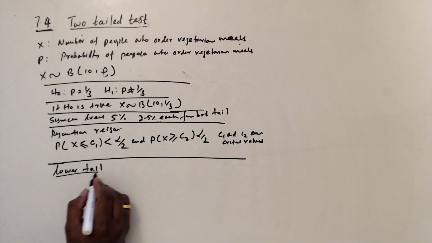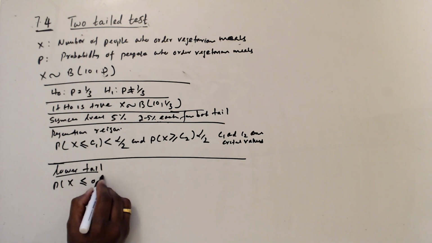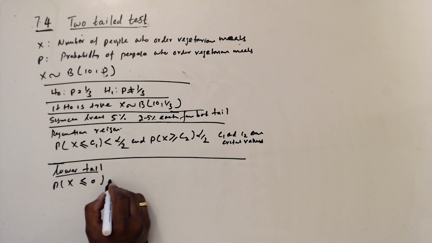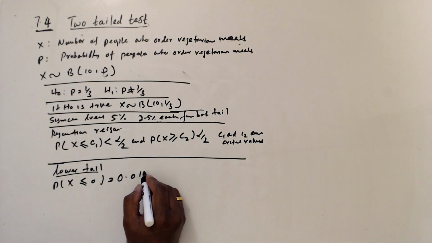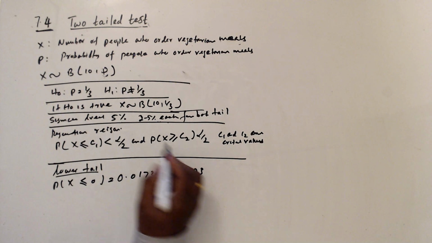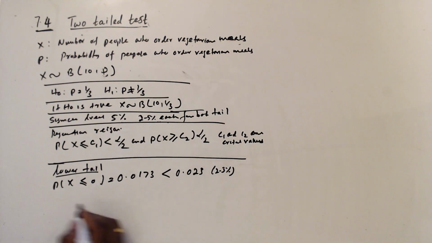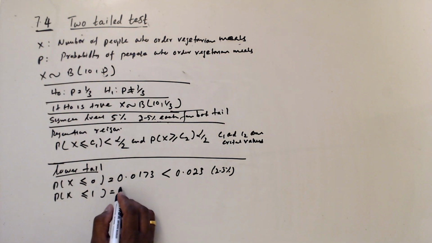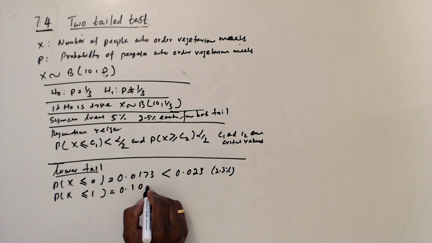So lower tail is probability of X less than or equal to 0 is 0.0173. So this value is less than 0.025. This is 2.5%. And probability of X less than or equal to 1 is going to be 0.1040.